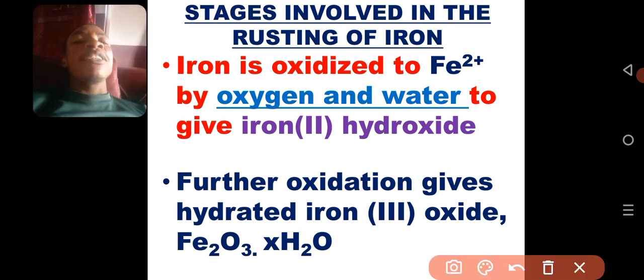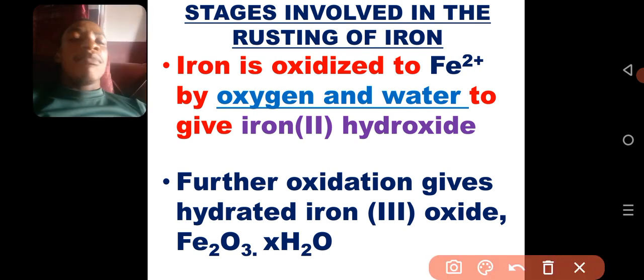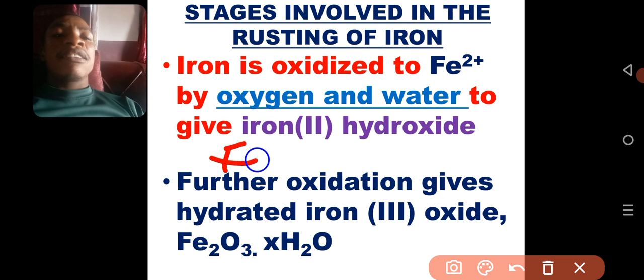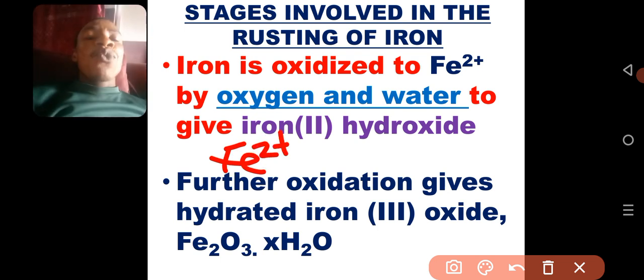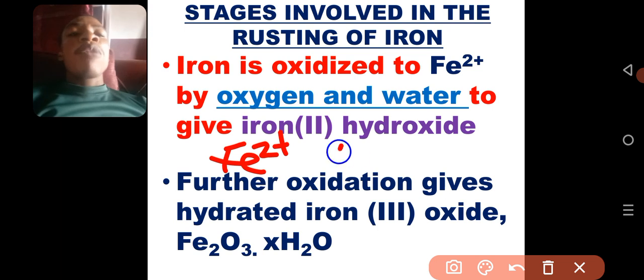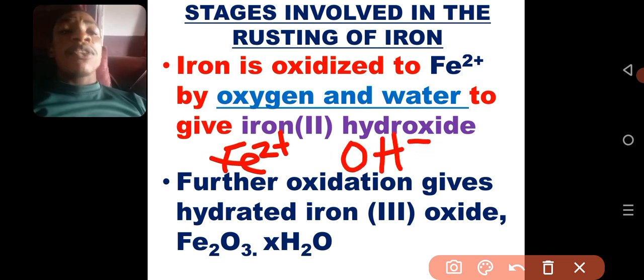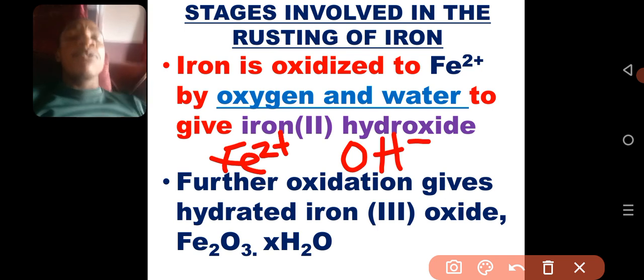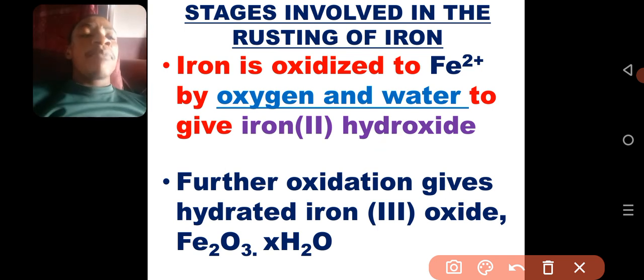What actually happens is that the iron becomes oxidized to iron II, whereas the oxygen becomes reduced to OH minus. Both of them will diffuse together and form iron II hydroxide. But simply say iron is oxidized to iron II by oxygen and water to give iron II hydroxide.